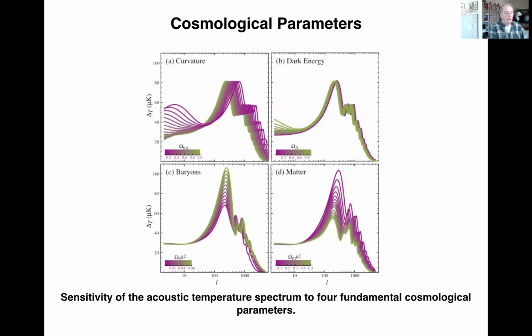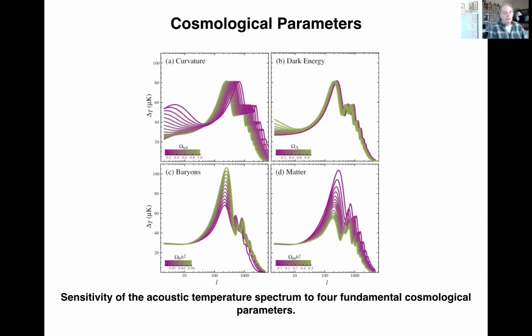They have not had time to evolve. They are too large. They lie outside of the sonic scale, so they have not evolved. As we go towards the right, the peaks get less and less pronounced. They sort of get washed out as you go further and further to the right.